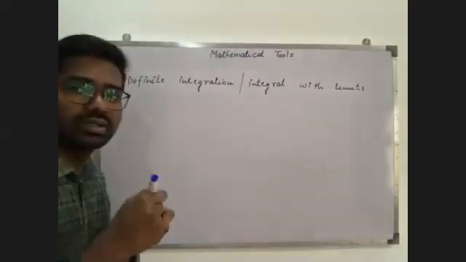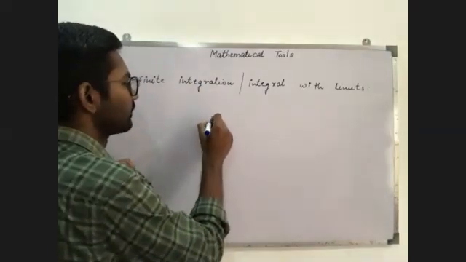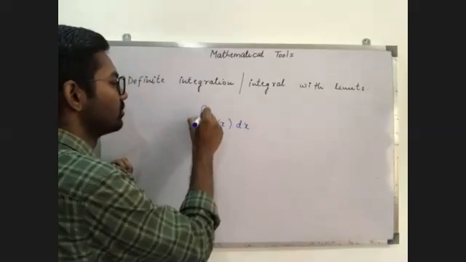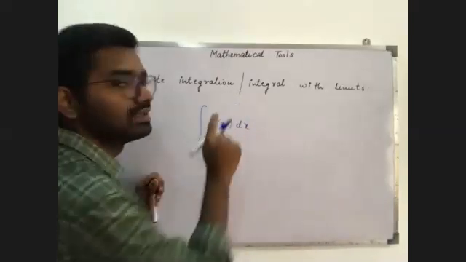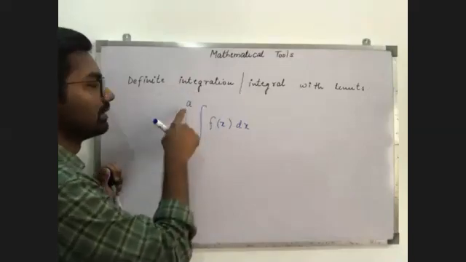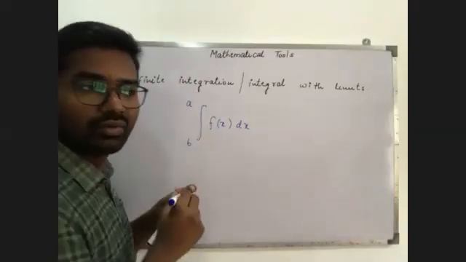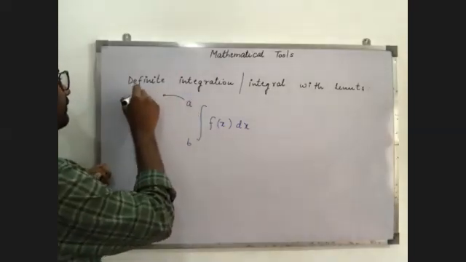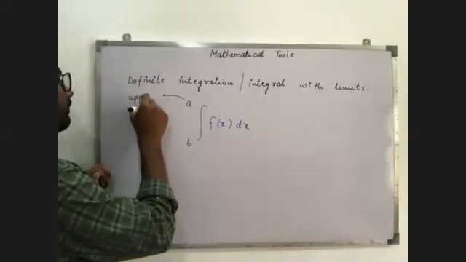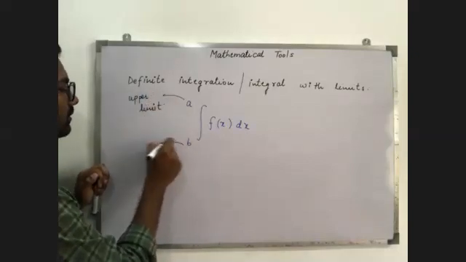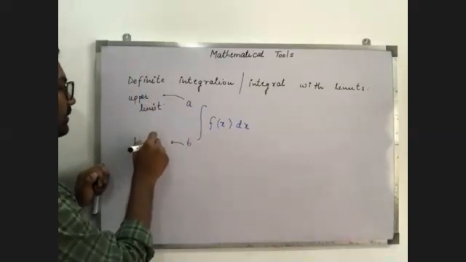Like let's suppose I have f(x) dx, and I want to integrate this. So what happens in definite integration? Limits are going to be there, means one number here, one number here. This is called the upper limit, and this is called the lower limit.